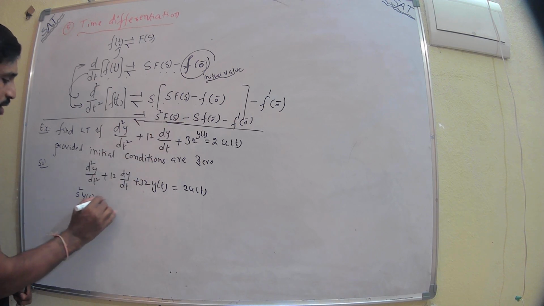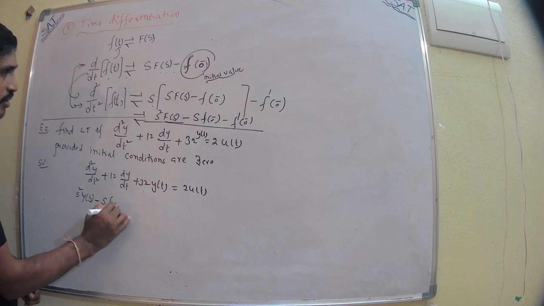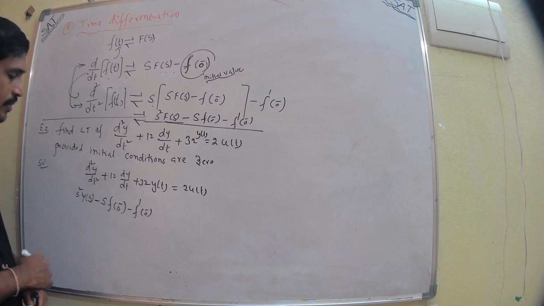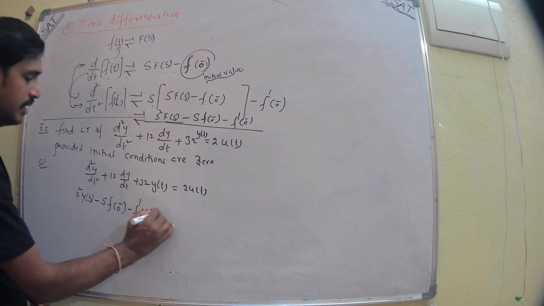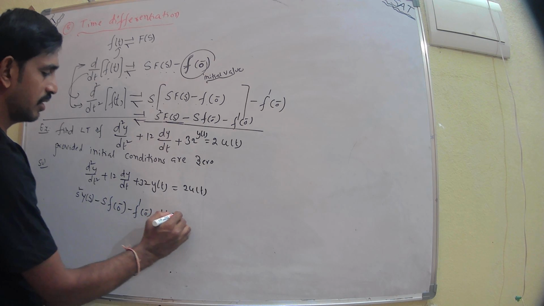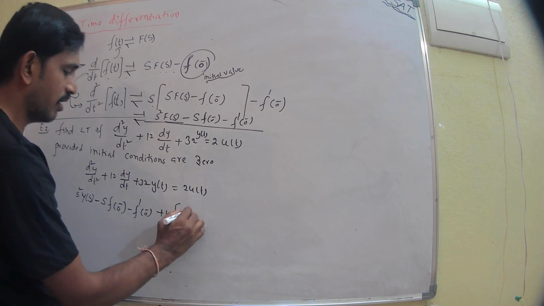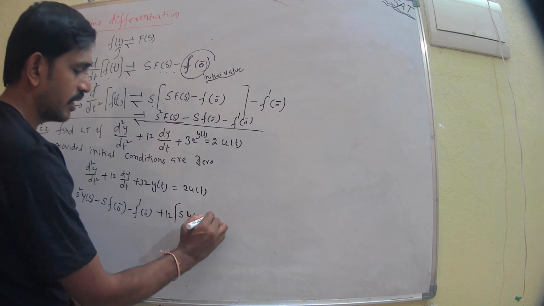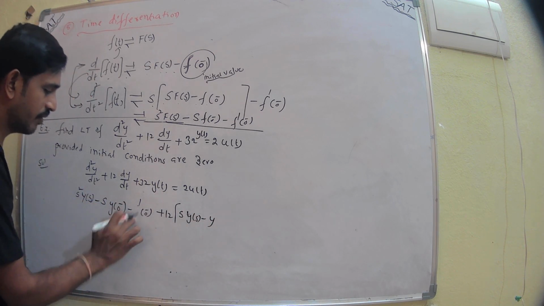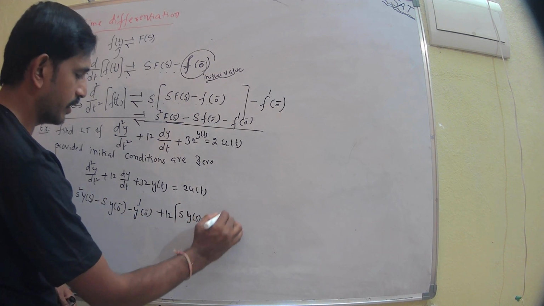Next, plus 12: dy by dt is the first order derivative, so s into Y of s minus the initial condition y of 0 minus.